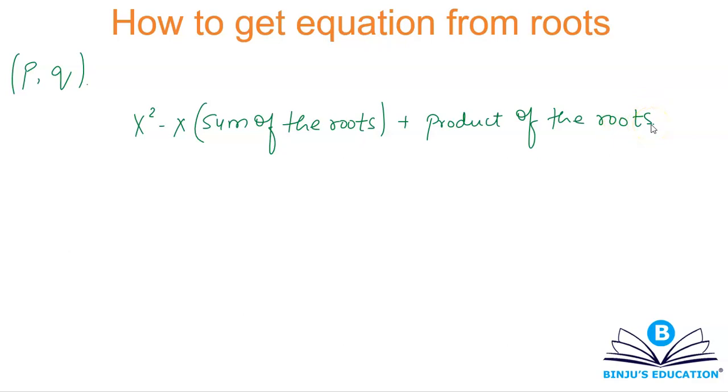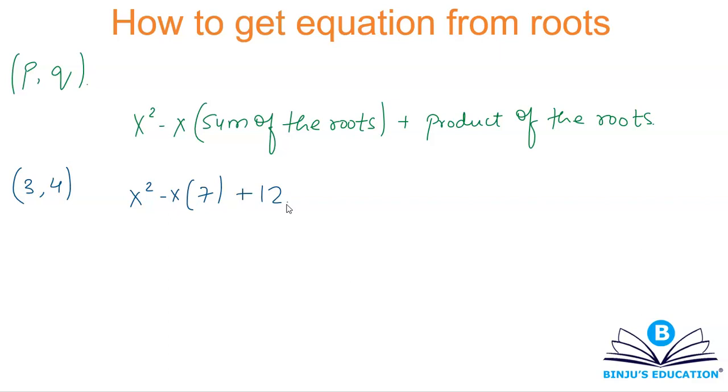So let's suppose it's given to you that the two roots of a quadratic equation are 3 and 4. Find the quadratic equation. So that will become x square minus x into 7 plus 12. You can cross verify your result also.